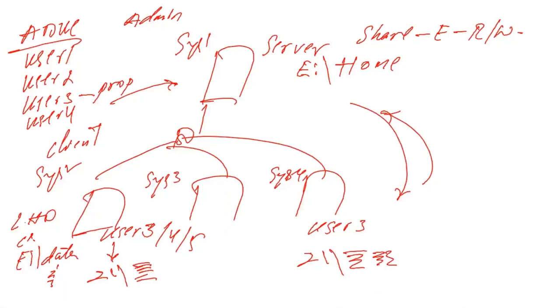Don't use the existing one, create the new share folder. Open the E drive and create one new share folder by the name home, dash permission everyone read and write.